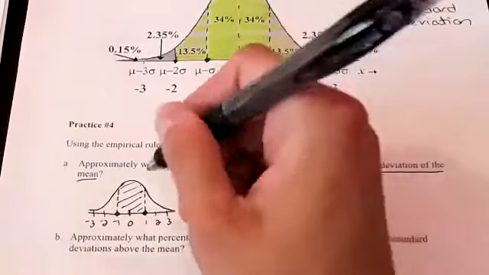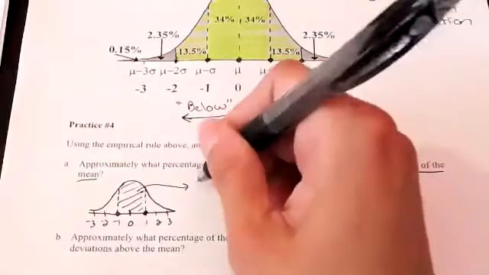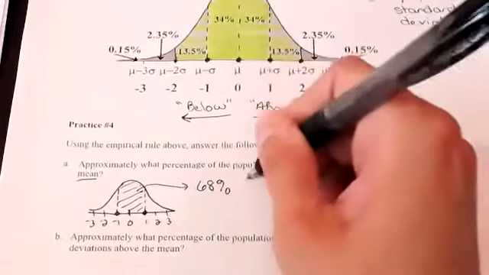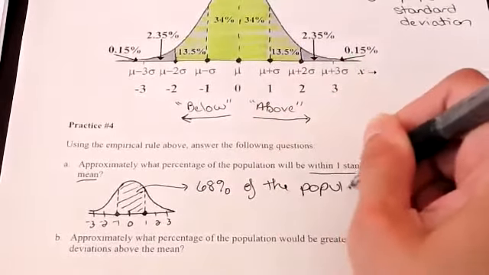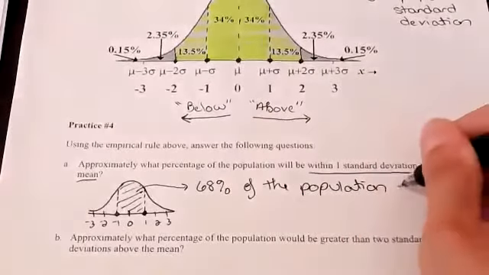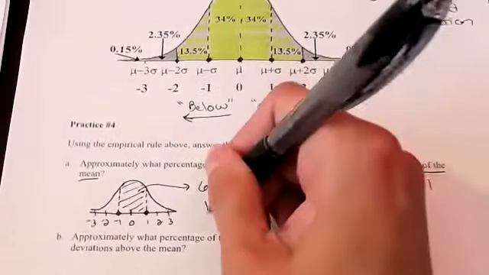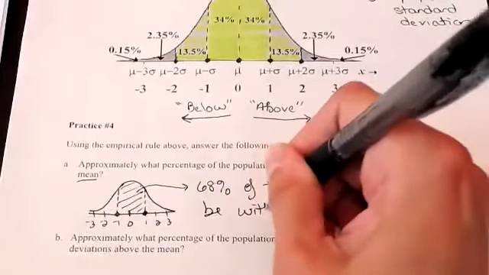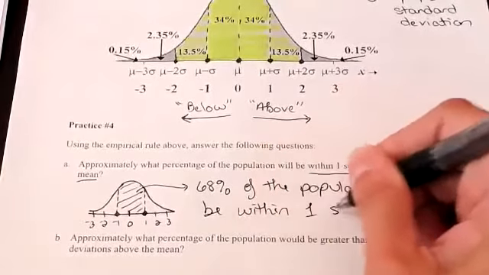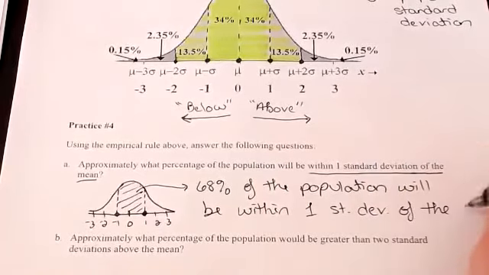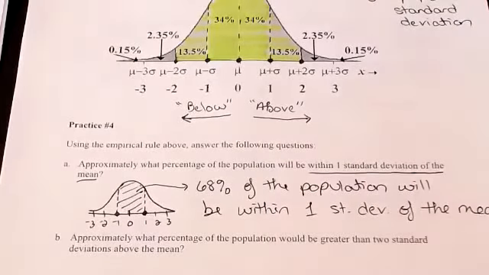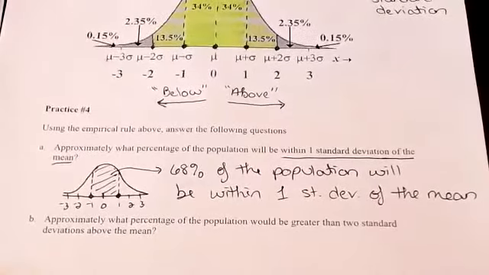So altogether, 68% of the population will be within 1 standard deviation of the mean. I hope you don't mind me abbreviating. Okay, 68% of the population will be within 1 standard deviation of the mean.